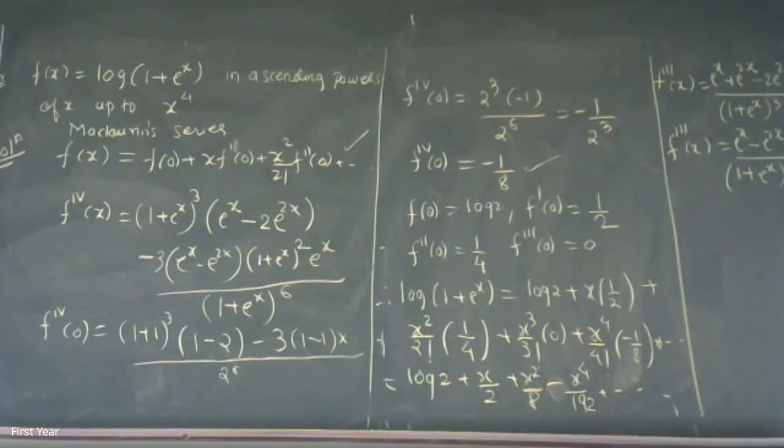Before going to the fifth question, the fourth question is: expand 2x cube plus 7x square plus x minus 6 in ascending powers of x minus 2, which we have done, I think. If you are able to write it down, if you have the project papers, please solve it quickly, and then Suhani, you can share your screen and show it to the rest of the class.